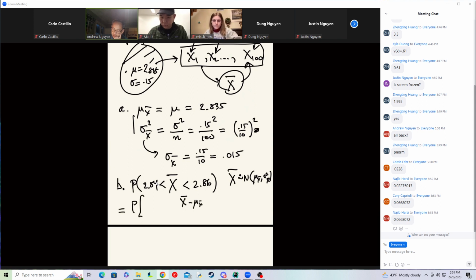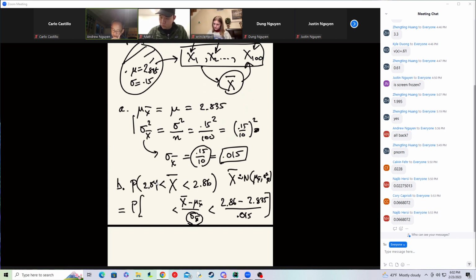X bar minus mu X bar divided by sigma X bar. 2.86 minus mu X bar, 2.835, divided by the standard deviation of X bar, which is 0.015. So we have to get this number right. If you don't get this number right, you don't have the right denominator and everything is off, correct? You're not dividing by sigma, you divide by sigma over root n, the square root of n.